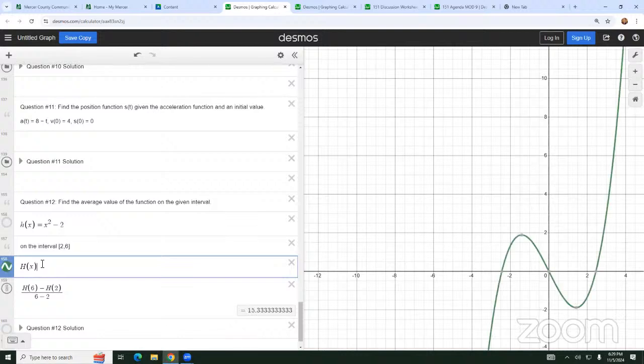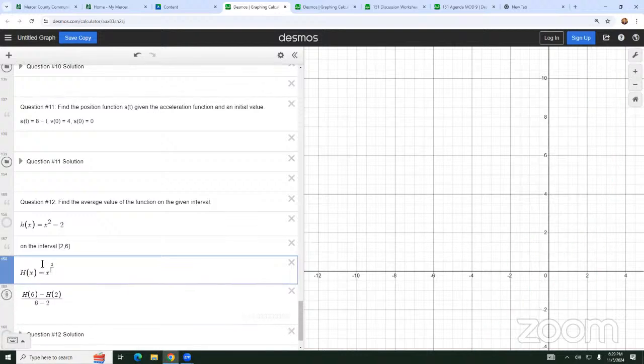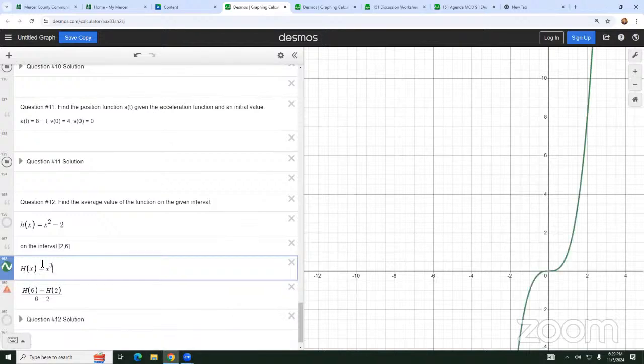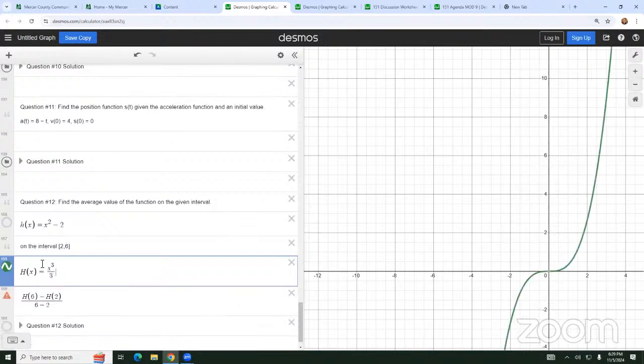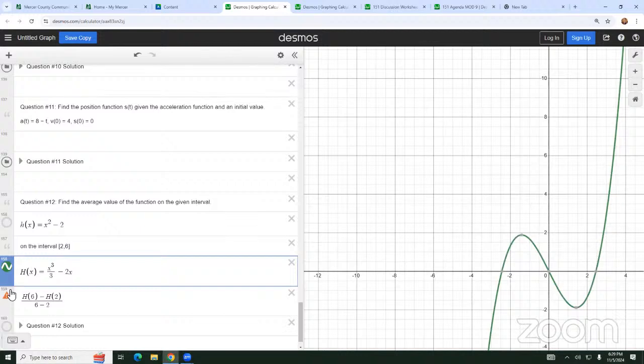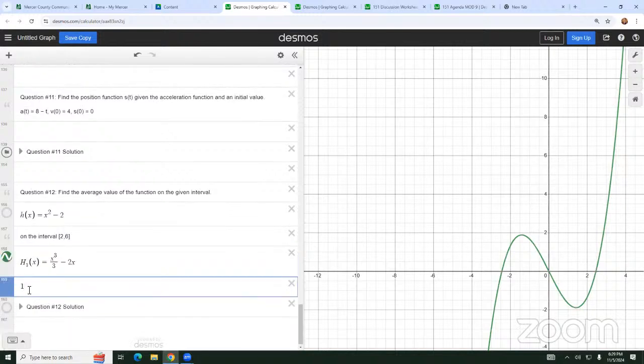Capital H is the antiderivative, so I have to do it as x cubed over 3, minus, the antiderivative of 2 is 2x. All right, I need to make it like this.